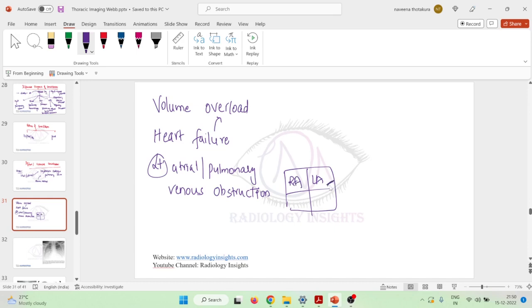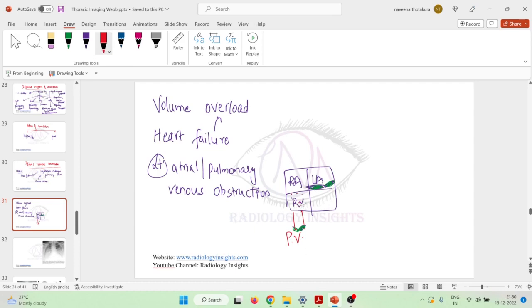Whenever there is obstruction either in the pulmonary vein or the left atrium, the blood cannot pass through the left atrium into the left ventricle and cannot be distributed.